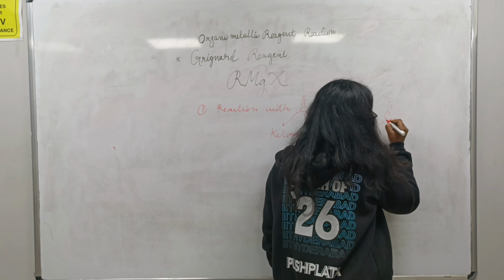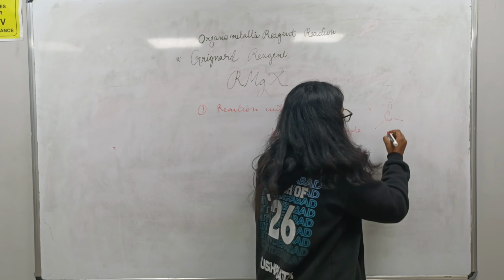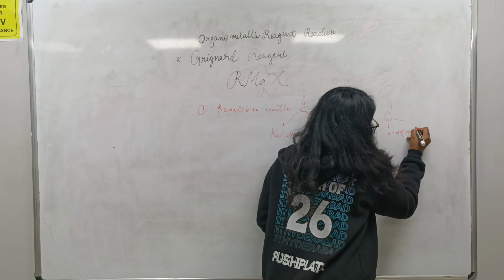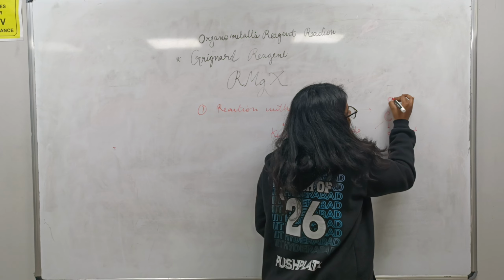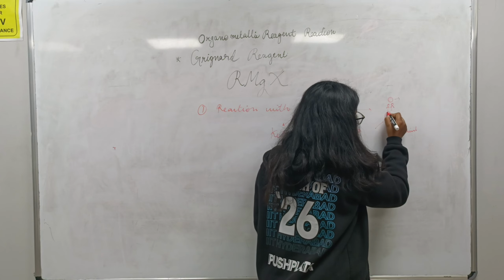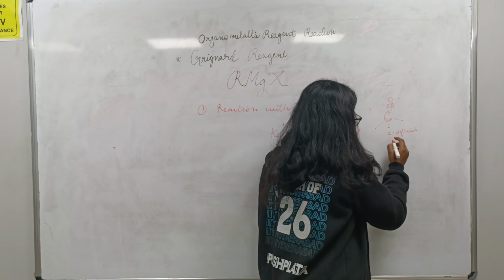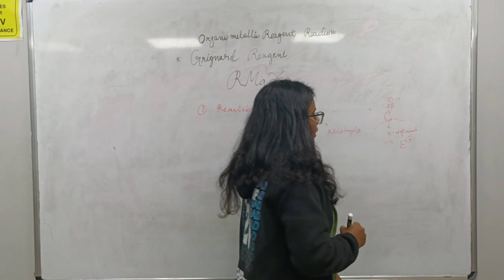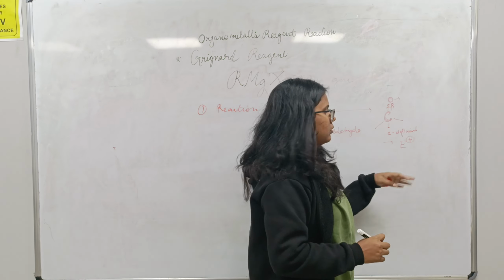This carbonyl group is a very electron deficient center, because this O is very electronegative and it will withdraw all the electron density towards it. So this carbon will be electron deficient and will act as an electrophile, meaning electron loving.